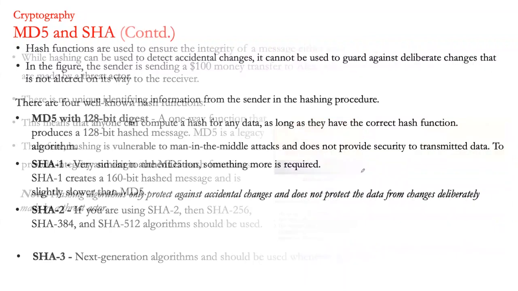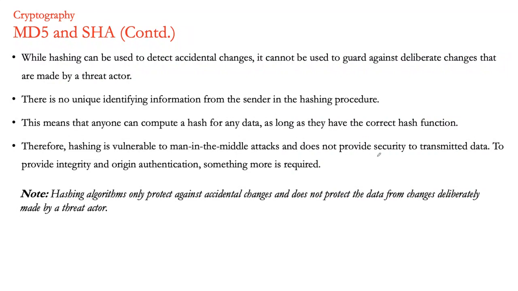So what is the main importance of these hash functions? They can simply be used to check whether the data is altered or not. While hashing is used to detect accidental changes, it cannot be used to guarantee against changes by malicious nodes or attackers.